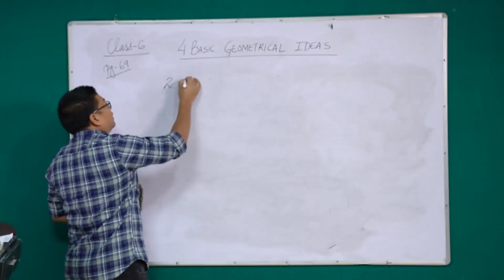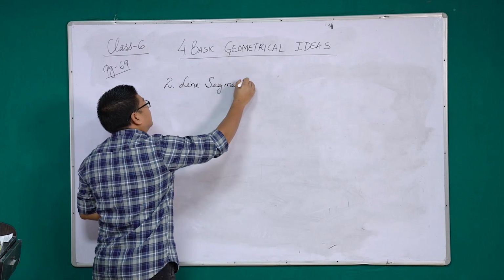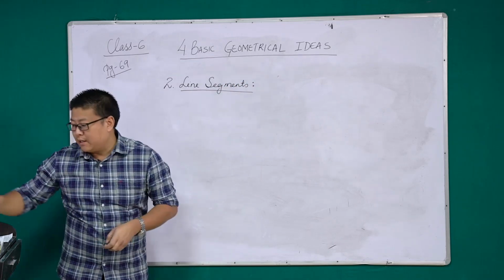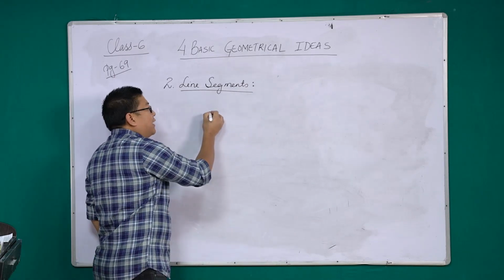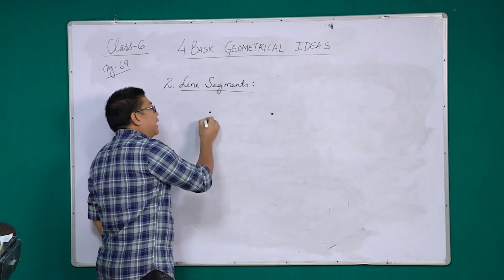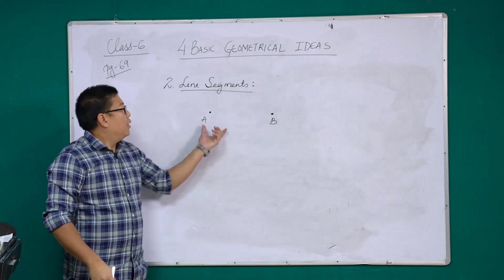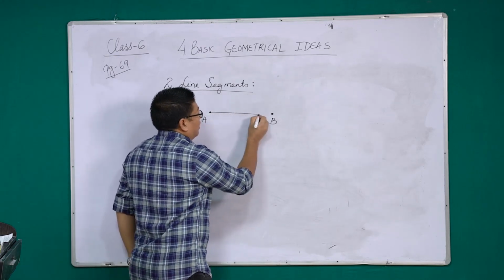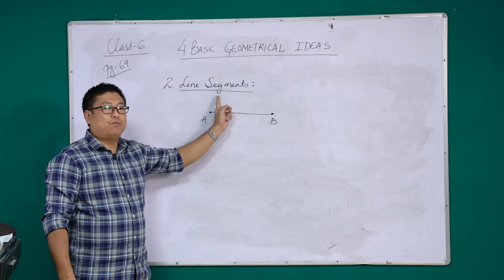The next topic is on line segments. Now, what exactly are line segments? For instance, I draw 2 points anywhere and mark them as A and B. Now, when I join these 2 points, a line segment is formed.